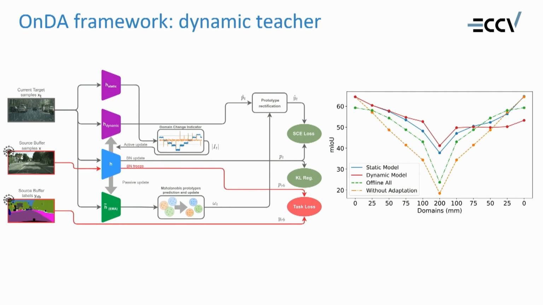Another option is, what if we embed some form of domain observer within our network, which can identify when a domain change occurs?